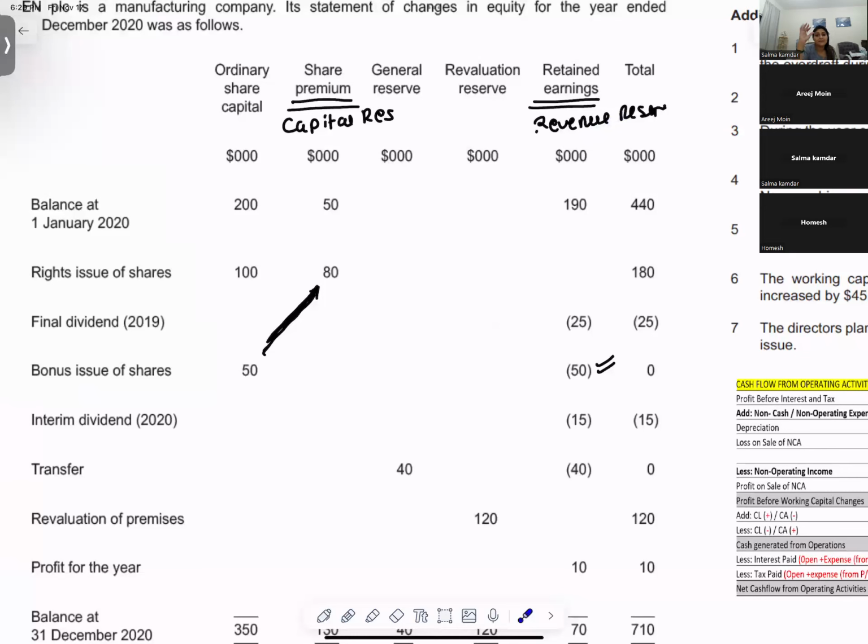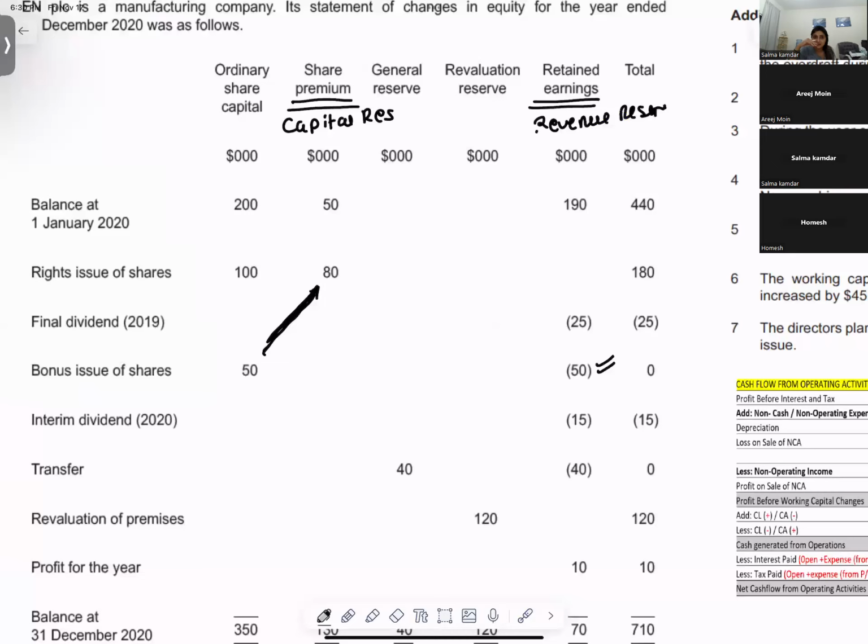But dividend can be paid only from which type of reserves? Dividend can be paid only from the retained earnings. So if I am issuing bonus shares from the retained earnings, what does this mean? Does this mean that I am trying to reduce the amount of dividend that is payable?